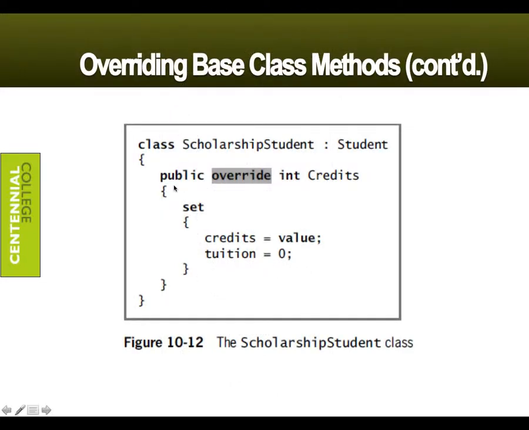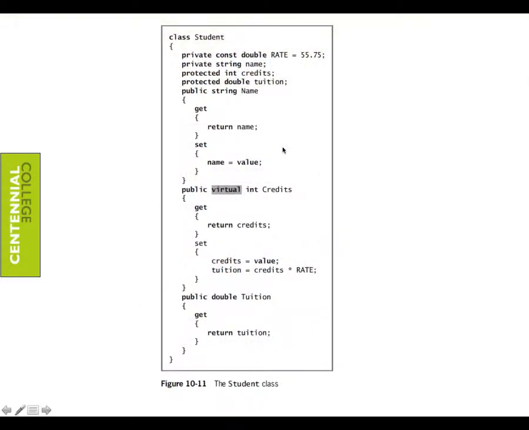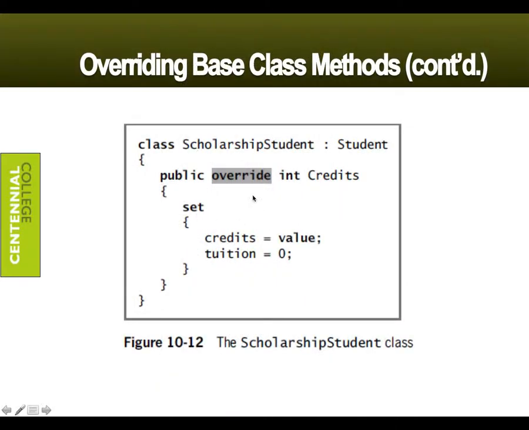If you notice, all these examples use a public property, right? I'm setting the value of credits, small lowercase credits, with my uppercase Credits setter, and I'm going to override the setter so it does something different. It sets my tuition to 0, whereas before the setter was a little different. So here's my credits, and my tuition before was credits times rate, and now I'm overriding that property in the subclass, because this ScholarshipStudent is a subclass of the Student superclass.